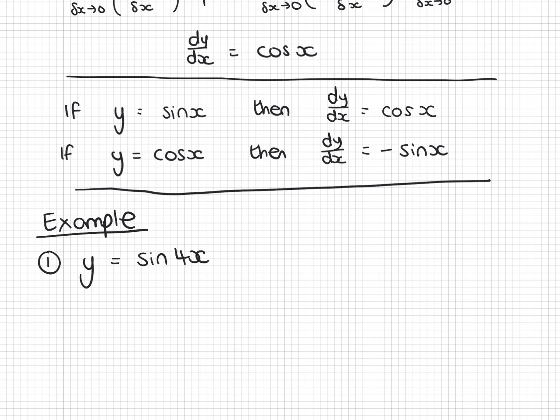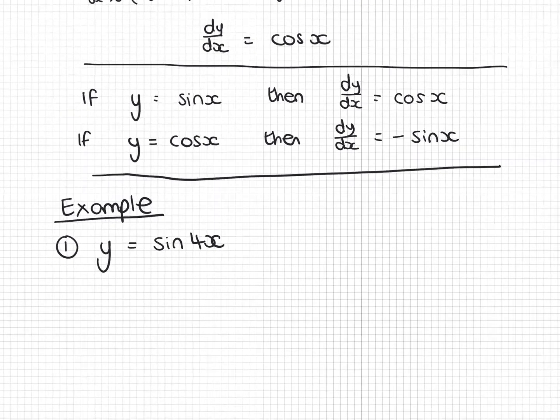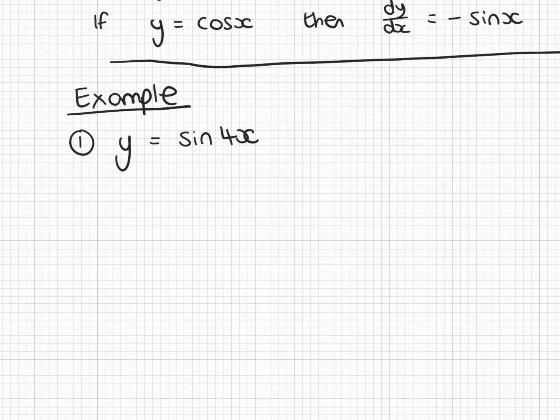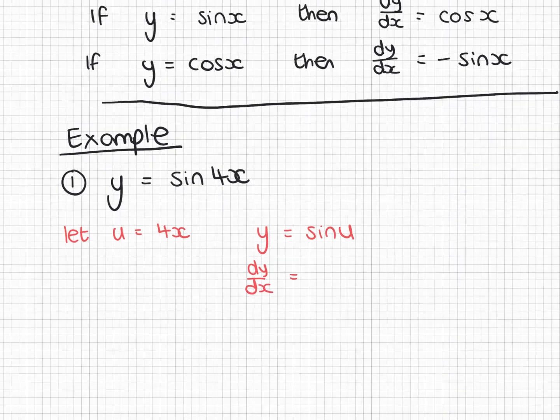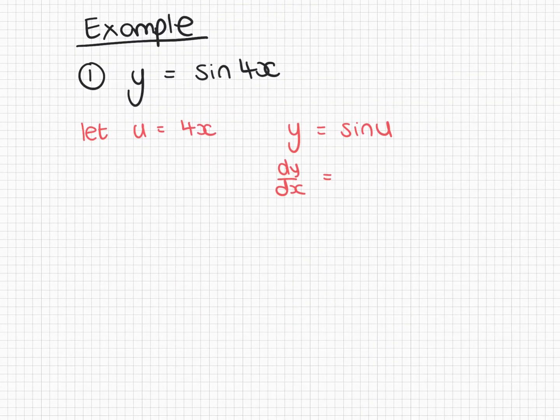I know that sine goes to cos, but this is again one of those composite functions, or a function of a function, so we're going to need to use the chain rule. You may be able to spot this, but if not, if we let u equal 4x, then y is going to be sine u. And dy by du, if we start with sine and differentiate, we get cos. That's going to go to cos u, and du by dx just goes to 4.